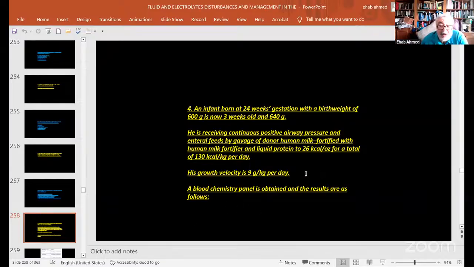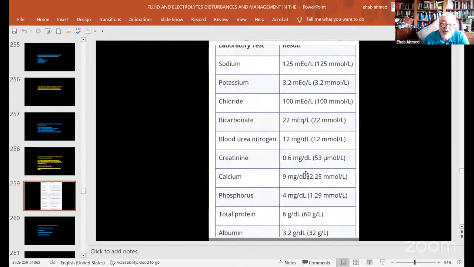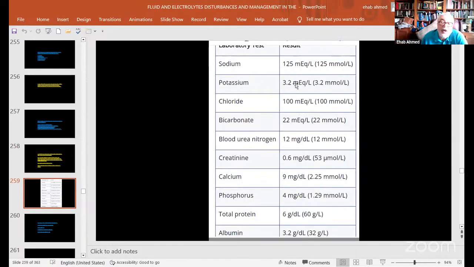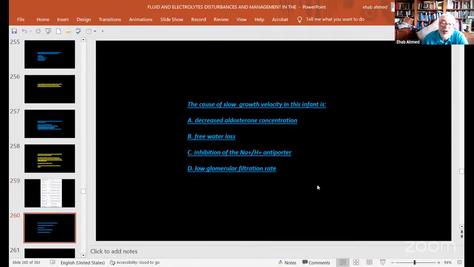A blood chemistry panel shows sodium 125, potassium 3.2, chloride 100, bicarb 22, blood urea nitrogen 12, creatinine 0.6, calcium 9, phosphorus 4, total protein 6, albumin 3.2.